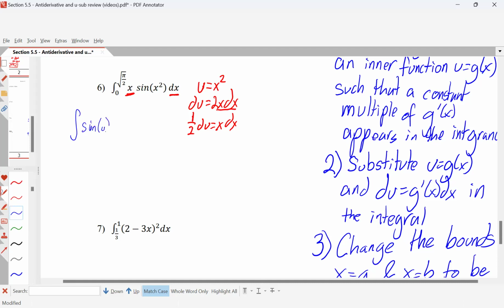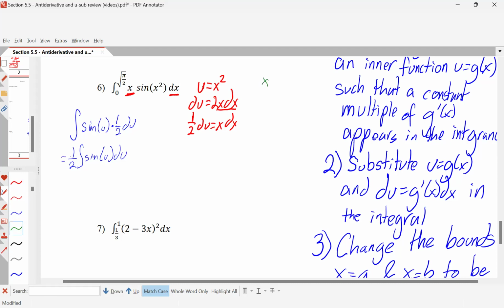of u times 1/2 du, or 1/2 integral of sine of u du. We need to change our bounds, which is plugging our bounds into the substitution.